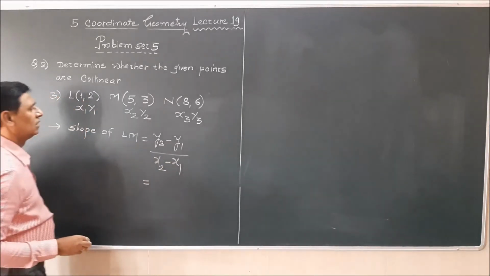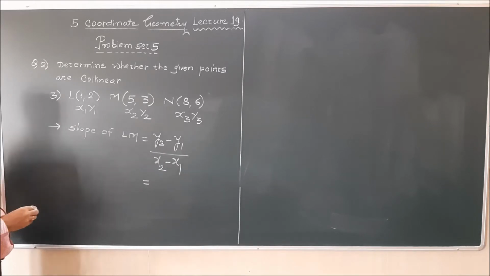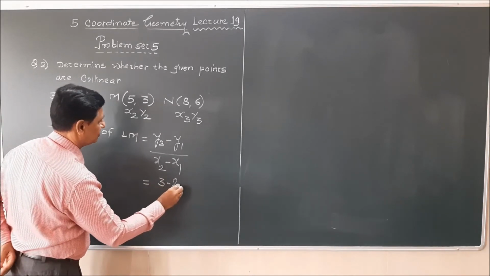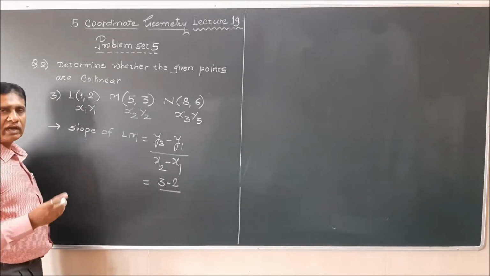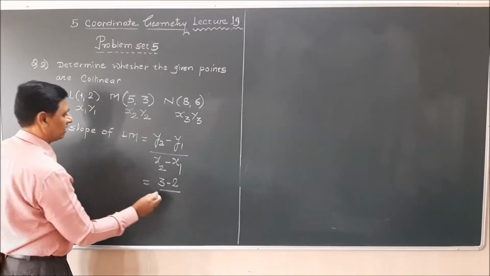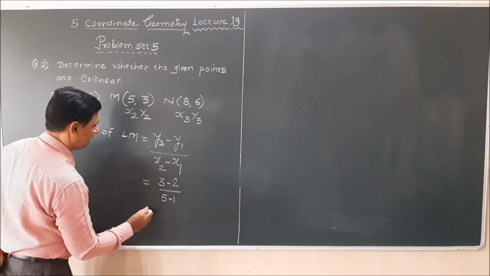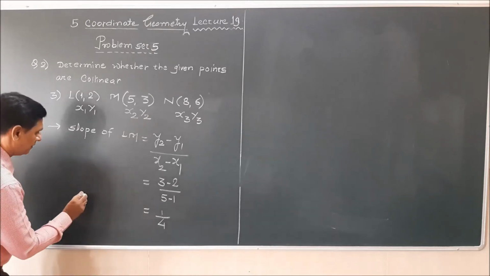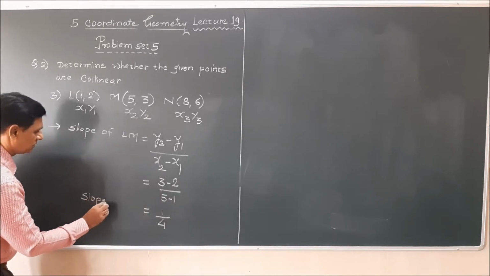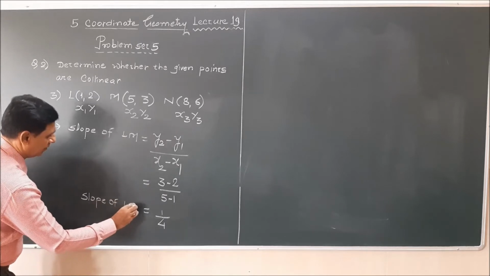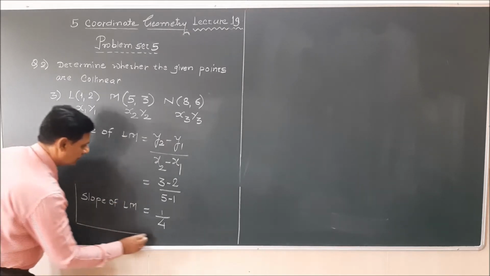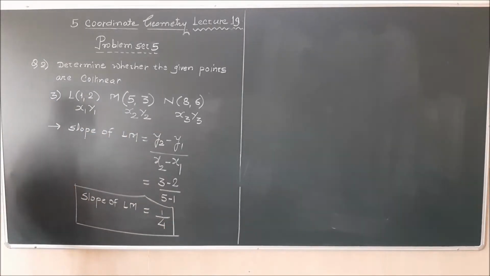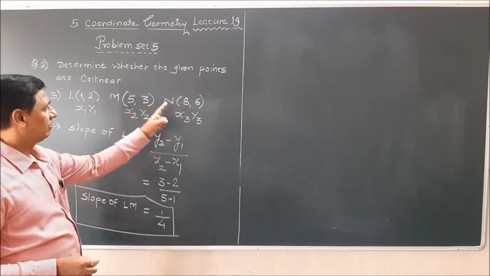That is equal to, now y2 minus y1, in this case the value of y2 is 3, minus 2, upon x2 minus x1, that is 5 minus 1. 3 minus 2 is 1 upon 4. So this is how slope of LM is found. Slope of LM is 1 upon 4.